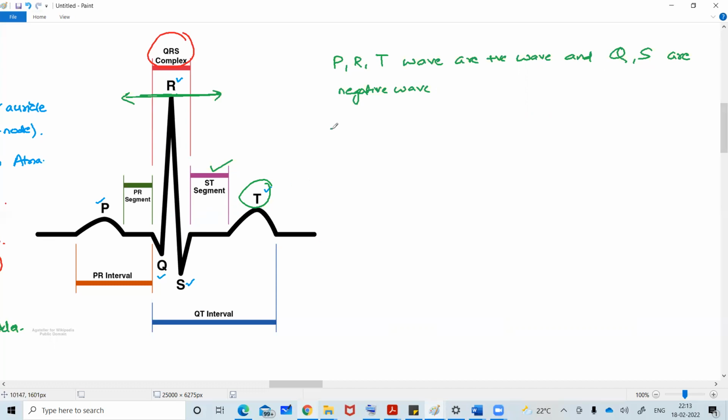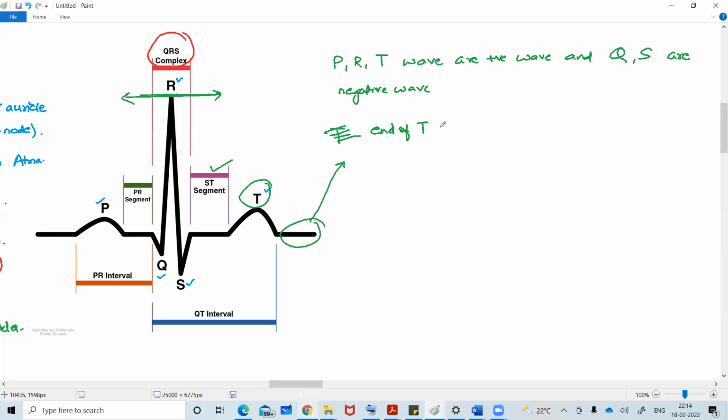Right? T also represents that the lower chamber, that means the ventricle, is getting systole. That means the systole part is ending. Now they are going to get relaxed. So you can say that the end of T, right? The end of T means this particular part, this one.